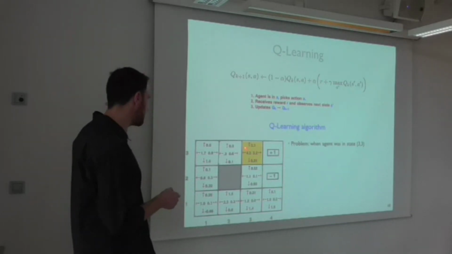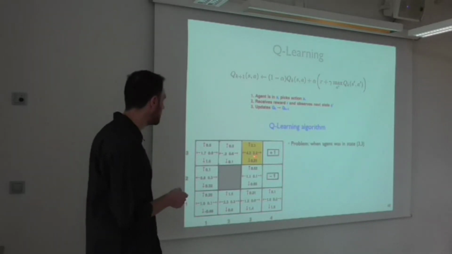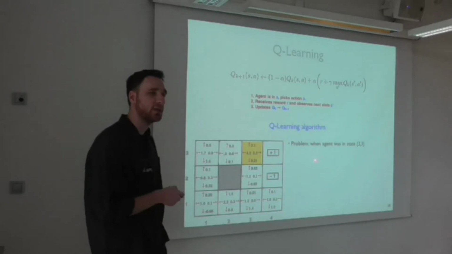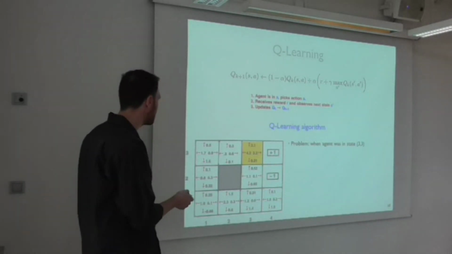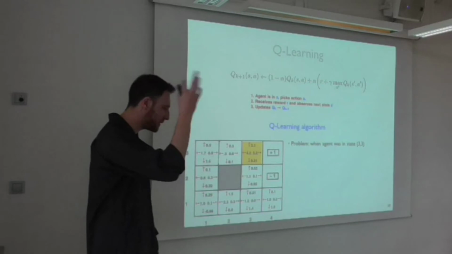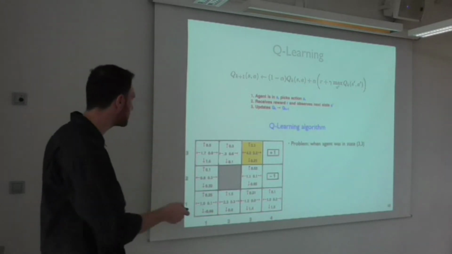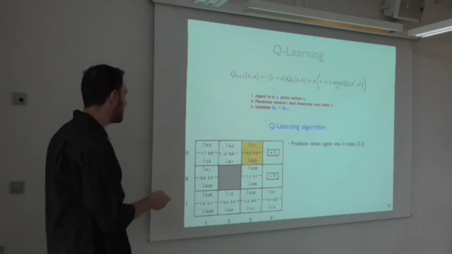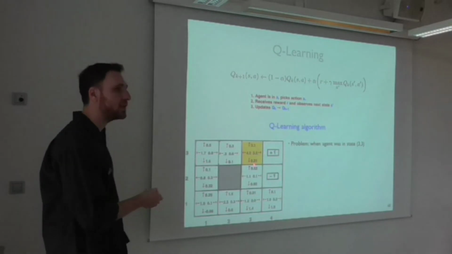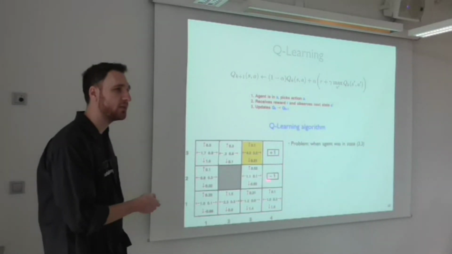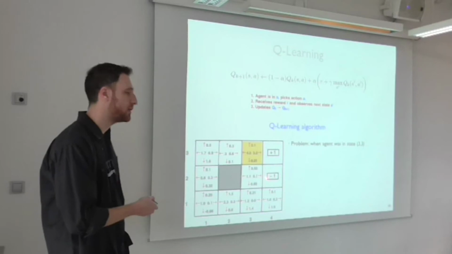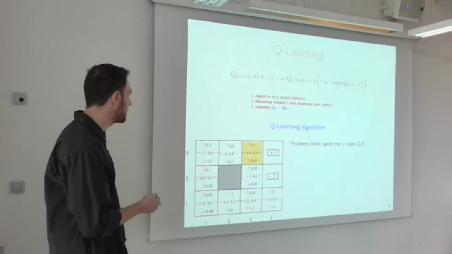And for some reason, when you are born, you think that eating broccoli is the best possible thing. Maybe you guys like broccoli, I don't. But maybe you are born with this belief that broccoli is amazing. And so if you always greedily pick that action, you're going to keep eating broccoli forever, and you're never going to try anything else.